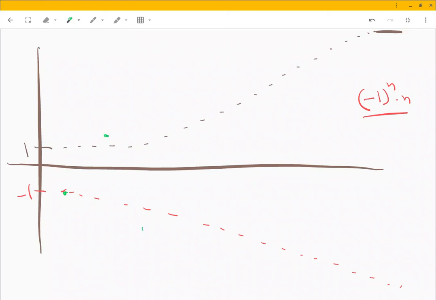Next point here, next here, then here, then here, then here, then here, then here, then here. From one side it will continuously increase and from the other side it will continuously decrease. So it will oscillate infinitely, right? Between infinity and negative infinity. No limit point. Okay.